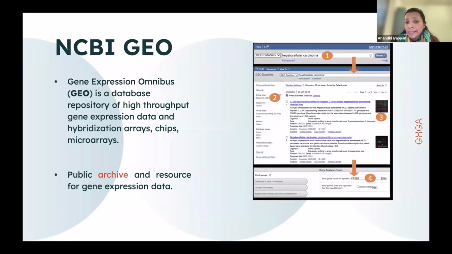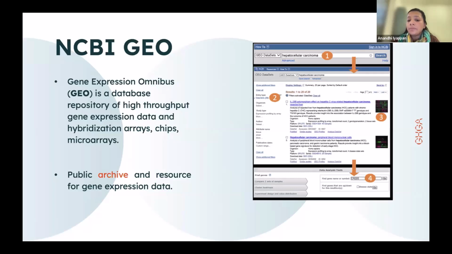The data portal looked like this. So it was possible for people to search using keywords, as you can see in the bar, hepatocellular carcinoma. And with that search function, it also had possibilities of filtering the information to get the kind of data sets that you might need. You would be able to filter based on the study type, organism, author, and you will be able to receive the corresponding data set.